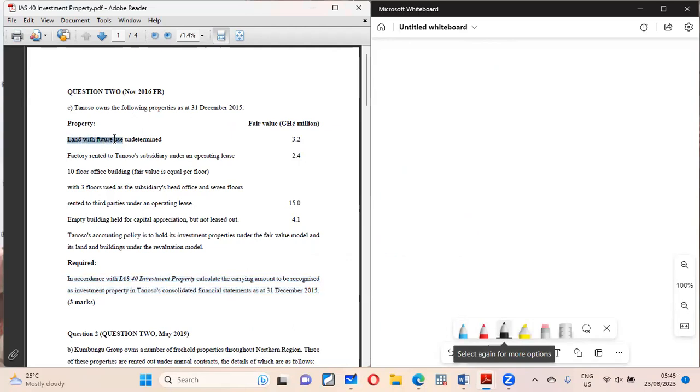Now they have a land with future use undetermined. That one we talked about it. I gave you examples of IP. Do you remember? So is this one an IP? Yes. All right. Then it says that they have a factory rented to their subsidiary under operating lease. So they've rented. So this one is saying that.